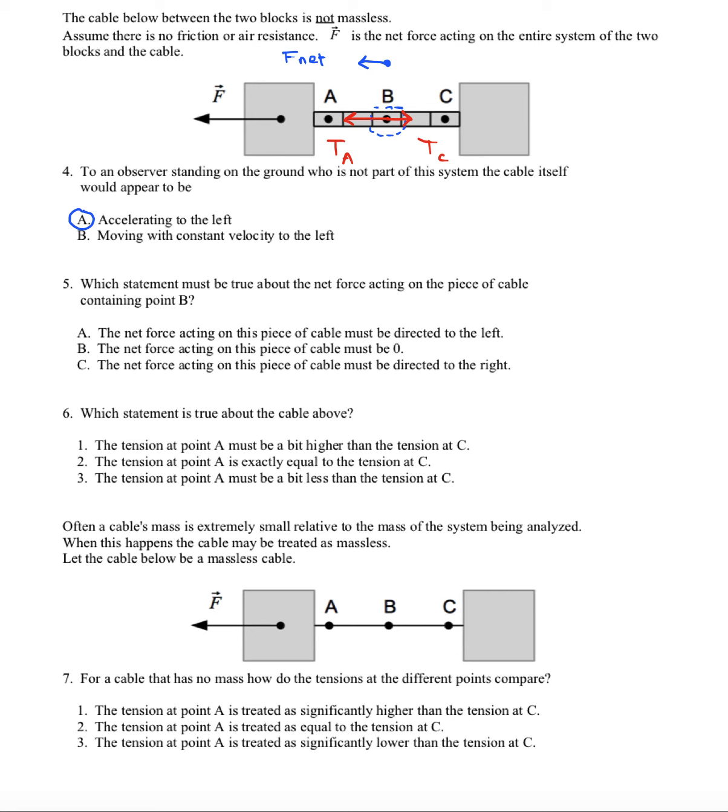So this tells us something about the distribution of tension in a cable of substantial mass. Since the net force acting on the cable is directed to the left, the tension at point A must be a bit higher than the tension at point C.